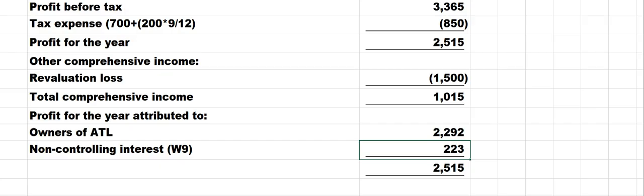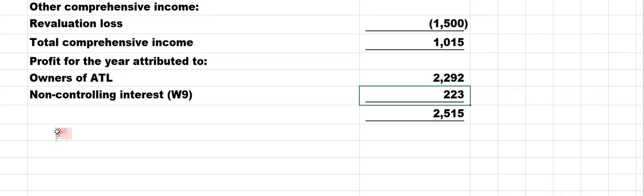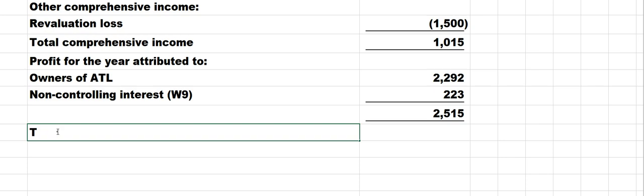Then you can also attribute the total comprehensive income.